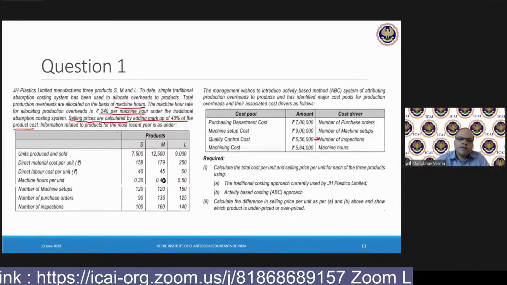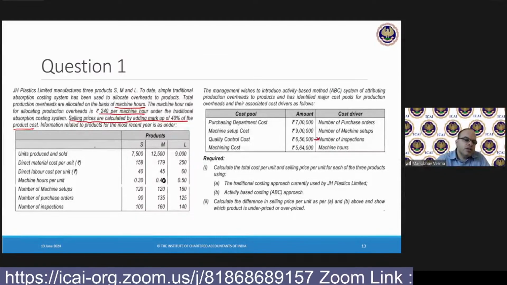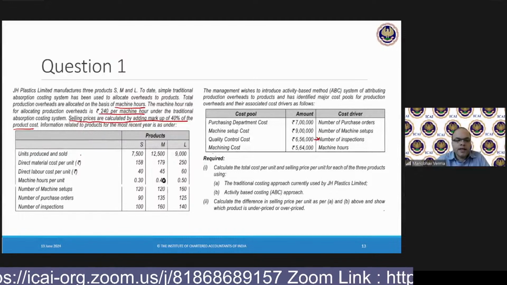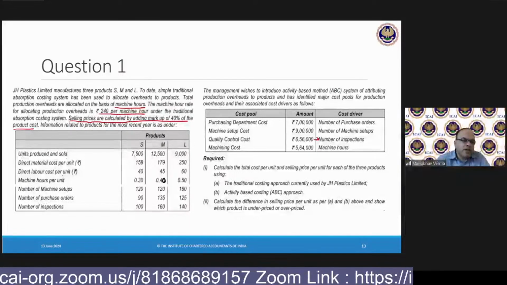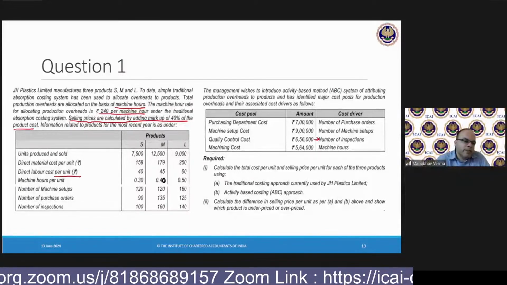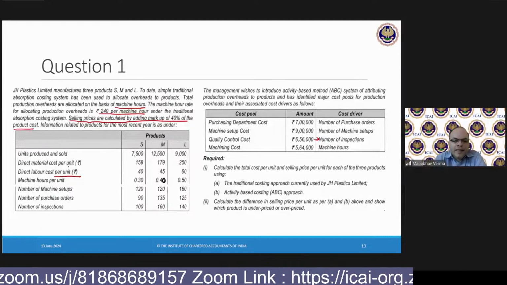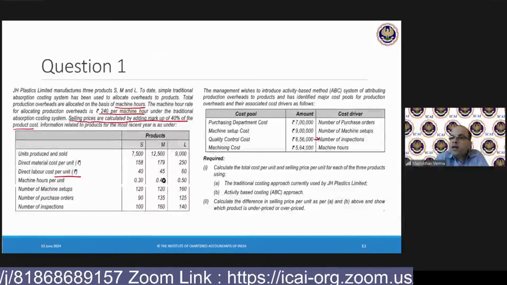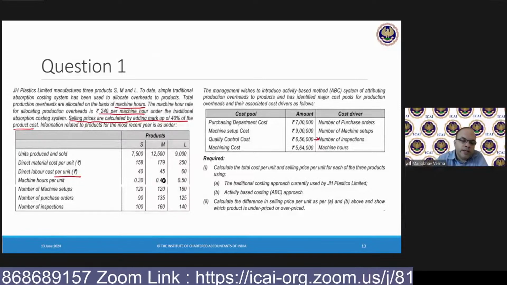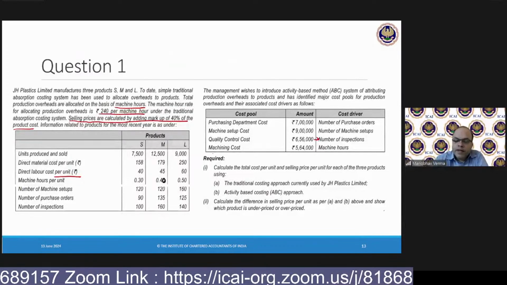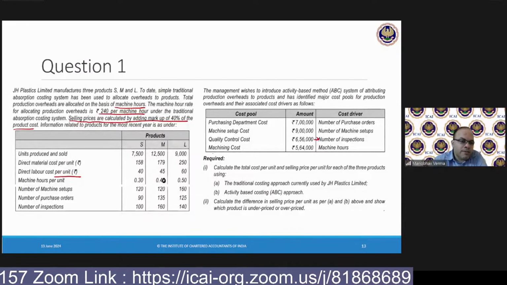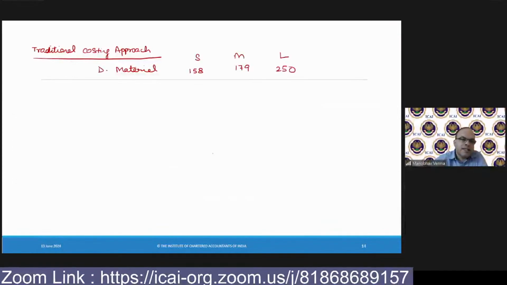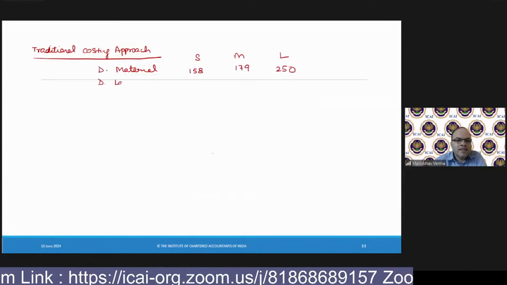So be careful, guys. In some of the questions, I think students can make mistakes by not giving attention to this unit measurement. Sometimes you may have a direct labor cost per hour, and you may be given hours required per unit. So you have to be very careful in ensuring that we see the details of what has been given to us. So 40, 45, and 60 is what we have in this case.